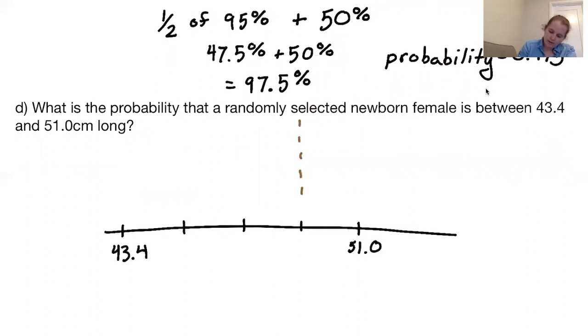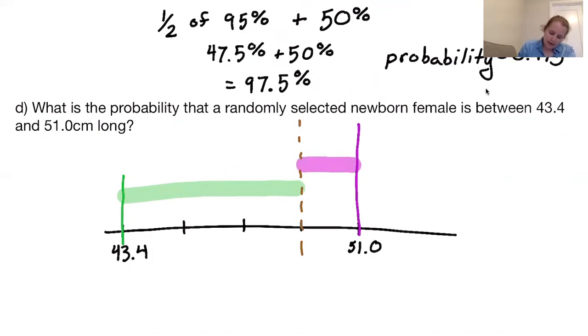So here's our mean. 43.4 corresponded to our green region. 51.0 corresponded to our purple region. So again, we're not symmetric about the mean, so we'll just pay attention to each half. So the left chunk is our green. The right side is our purple.